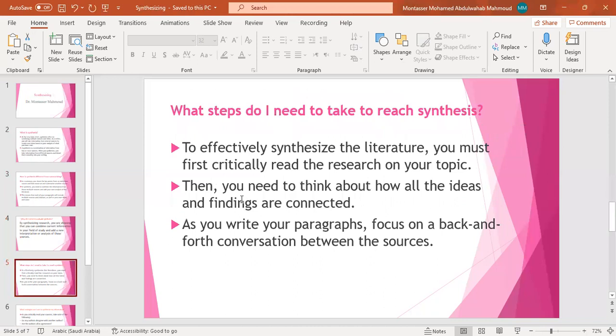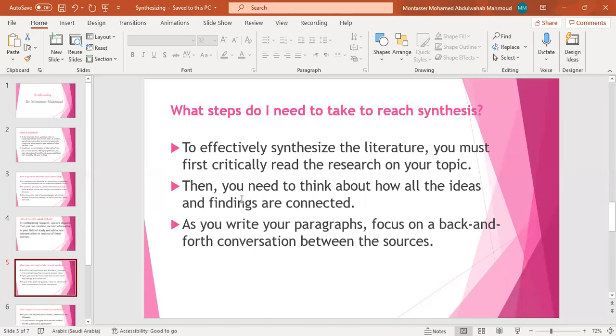So what steps do you need to take to reach synthesis? To effectively synthesize the sources you are reading, the first point is to read critically, not only just to put your hand on the piece of information that you are looking for, but you also need to read critically on your topic.